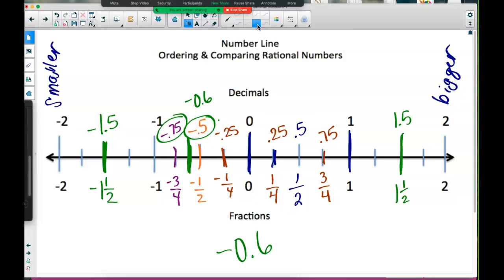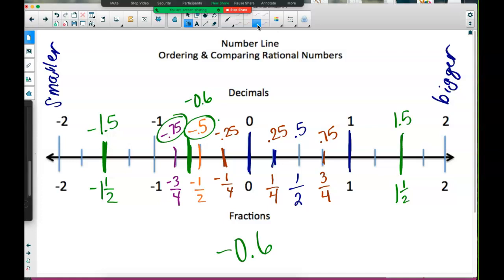So what's bigger? Negative 1 1/2 or 1 1/2? Travis. The 1 1/2. Positive is always bigger than the negative. Agreed with that? What's bigger, negative 2 or negative 1 1/2?